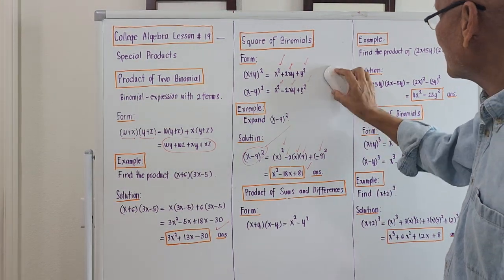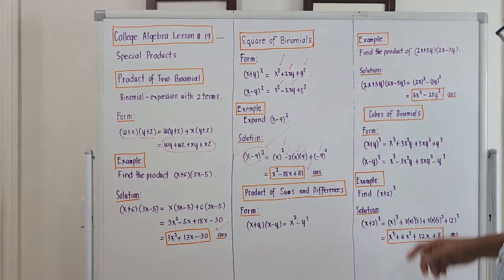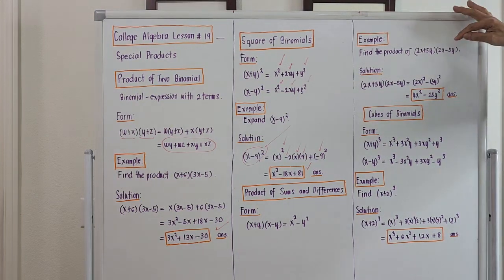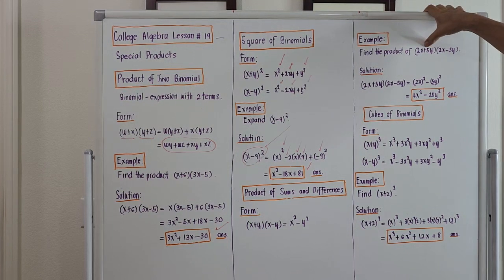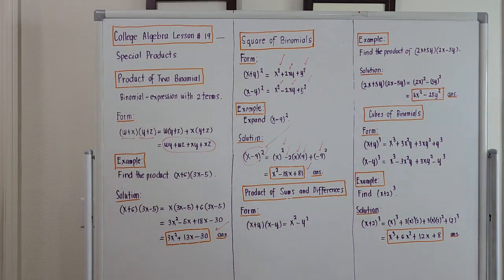Well, we got an example. Find the product of 2x plus 5y times the quantity 2x minus 5y. The first binomial is preceded by plus, the second binomial preceded by minus, right? If we multiply this one, we'll follow this immediately.